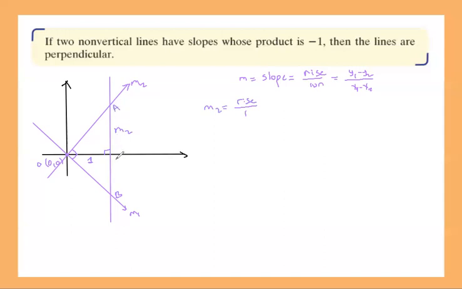So if I call this h, then hA as a distance is m2 units. And similarly, the slope of this other line is m1. That is also rise over run. This is my rise, the change in the y direction, divided by run, which means this distance hB is m1 units.